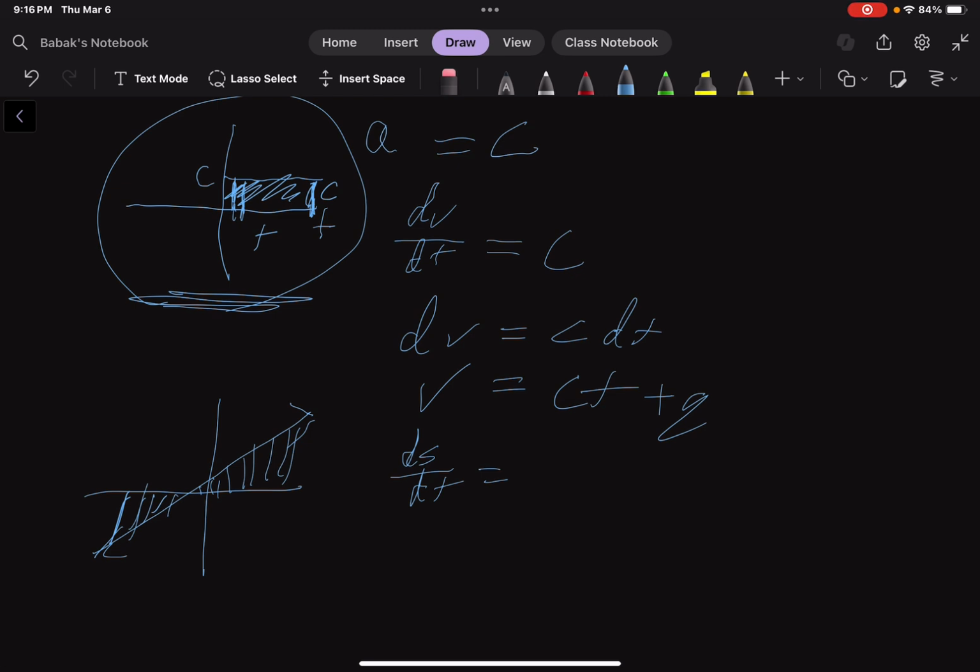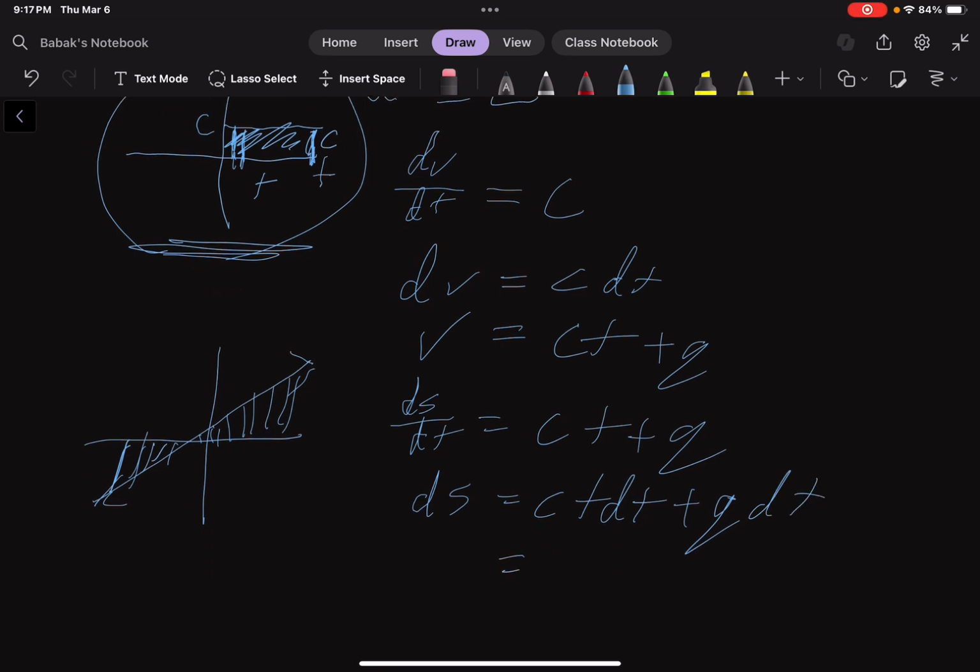The first one is obviously taking the integral, as we are typically used to. This would be as follows: ds is equal to (ct plus q) dt. And once we integrate both sides, we get s is equal to ct squared over 2 plus qt plus some initial displacement d.